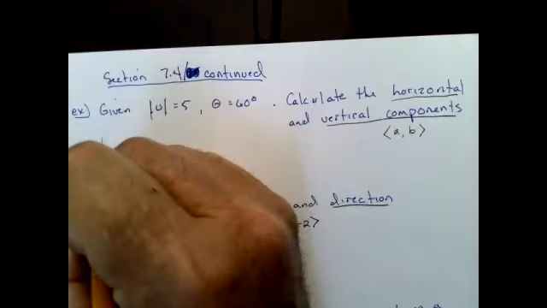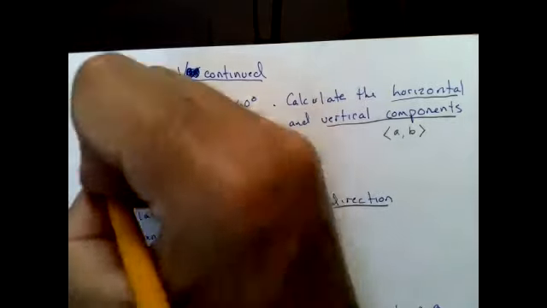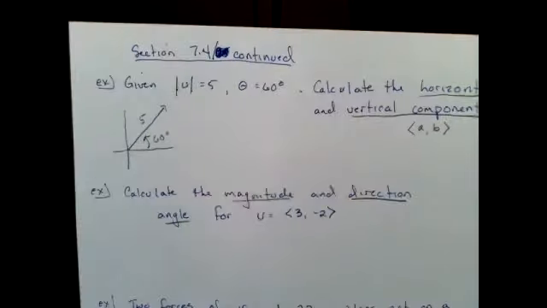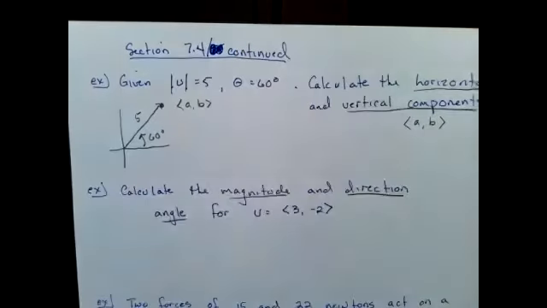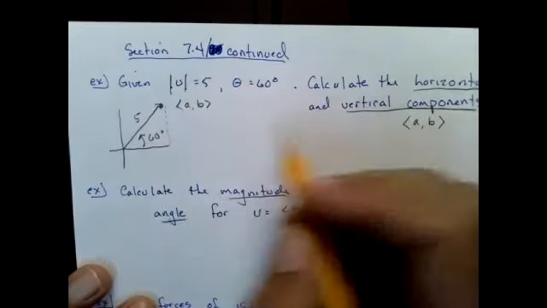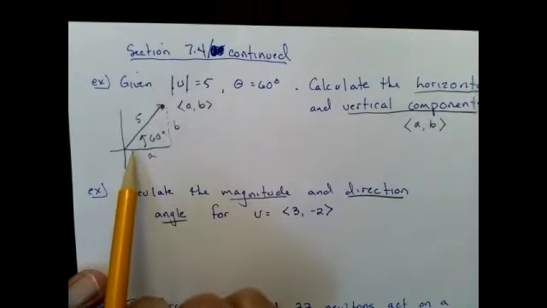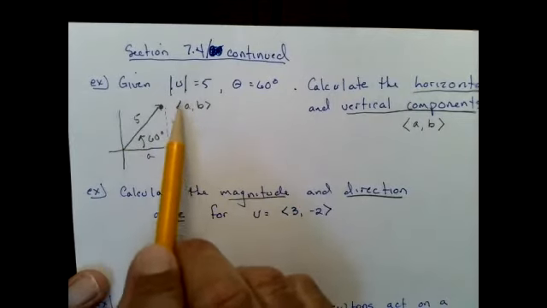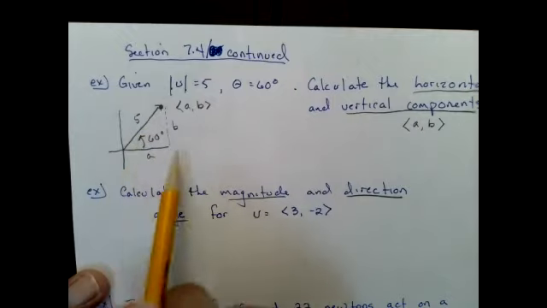What if I drew the picture and say I have an angle measure of 60 degrees and a magnitude of 5? This vector ends at that point A, comma, B. Drawing the triangle, here's A, here's B. Cosine was always associated with the first number in my ordered pairs, since we're putting vectors on the Cartesian coordinate system.